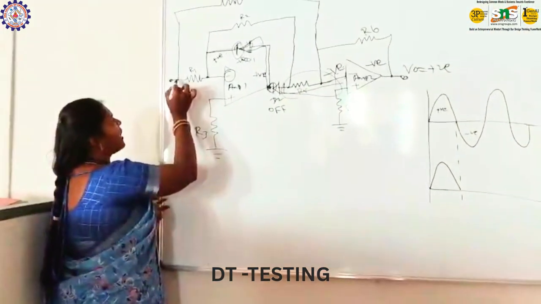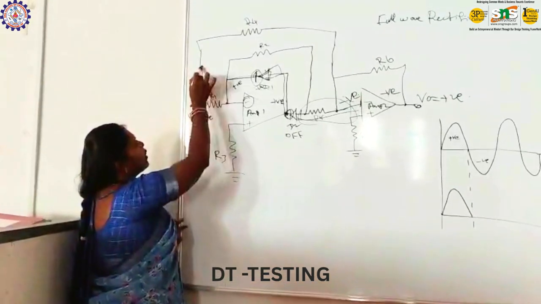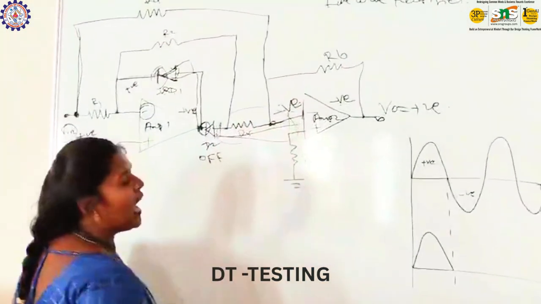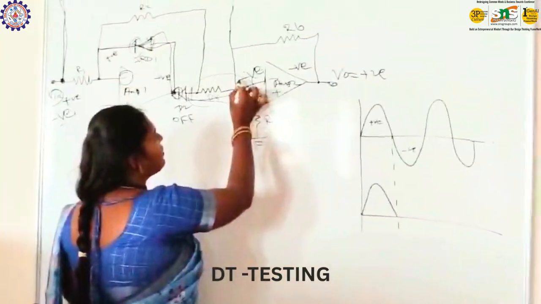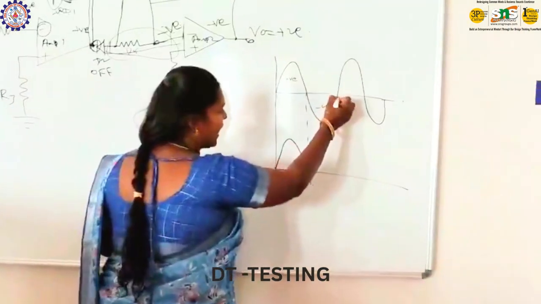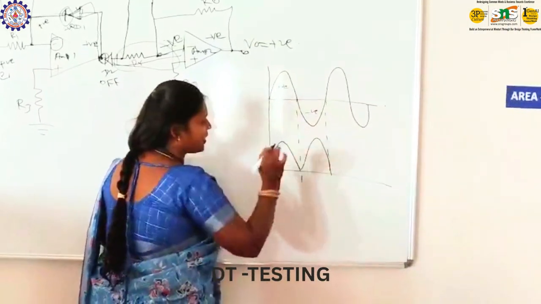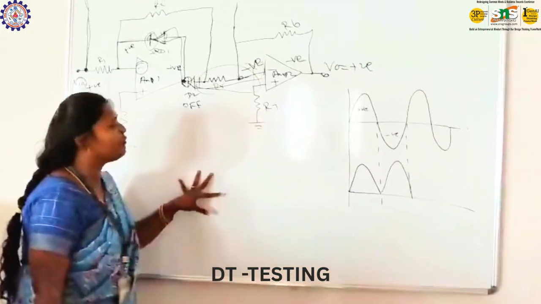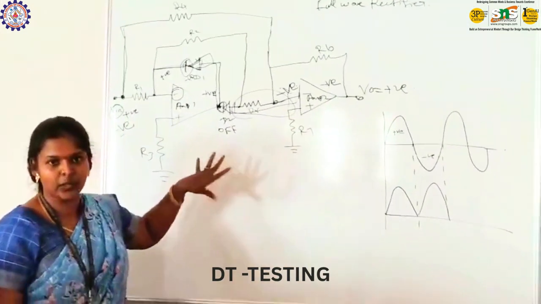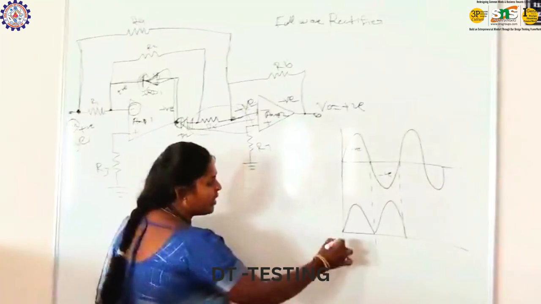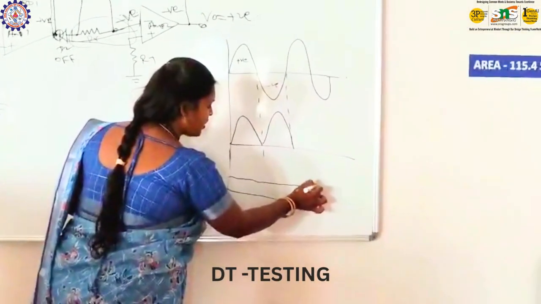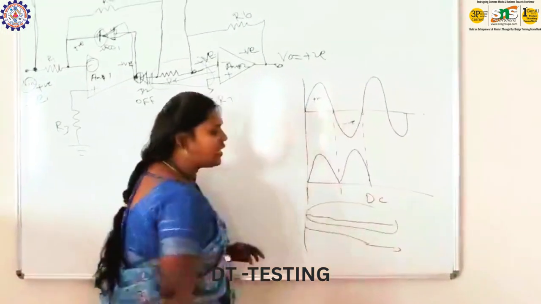So in this connection, that is in this negative voltage passed through R4 resistor, that signal is given to the amplifier 2. So that amplifier 2 again negative and negative means it will produce positive output. So for this negative peak also we will get positive output. So this is the concept of full wave rectifier. So a rectifier means it converts a AC signal to DC signal. After filtering, this signal goes to like this, because this is the DC signal.